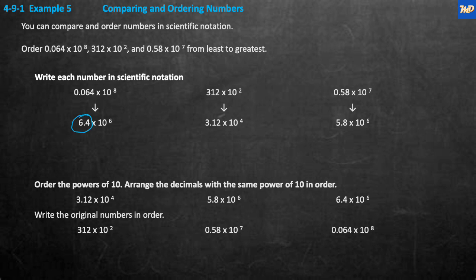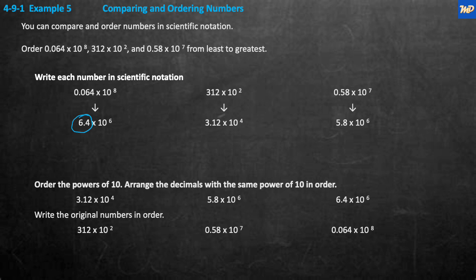In order to get to this point, we had to divide by 100. We had to move the decimal point 2 places to the left, divide by 100, and that's 10 to the minus 2. So you take 10 to the 8th plus minus 2 gives you 10 to the 6th. That's how we got this one.